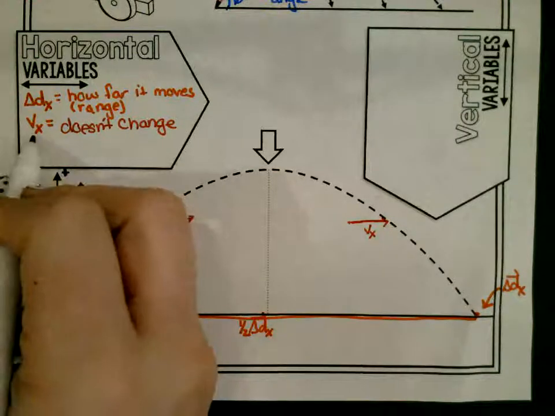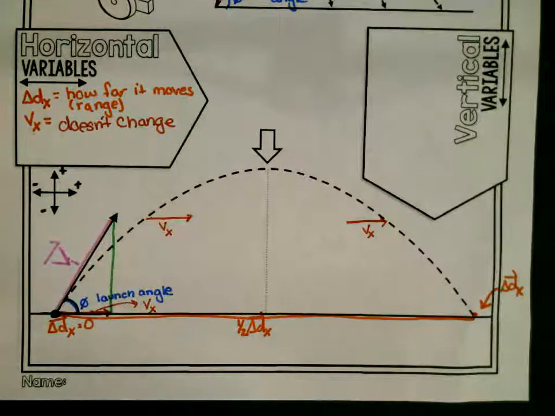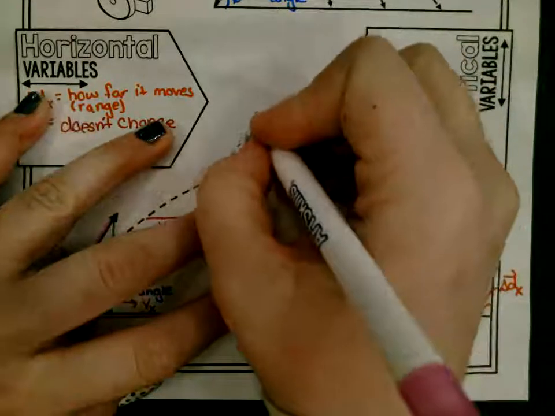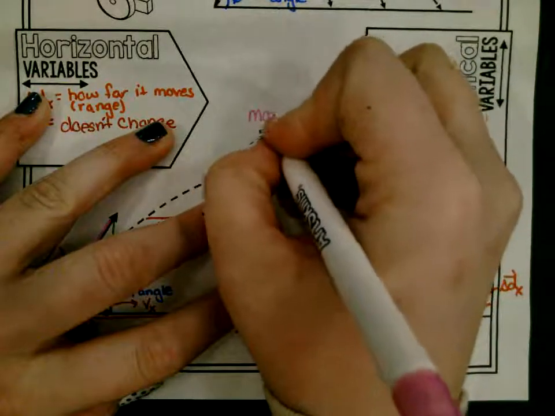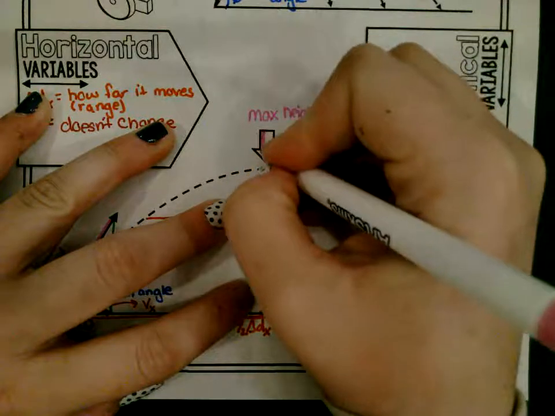So we don't have to have a final and initial here. We can just say the velocity of x. All right. And to kind of help us out, I don't think I actually wrote this. This arrow right here points to our max height. So this is how tall it's going to get.